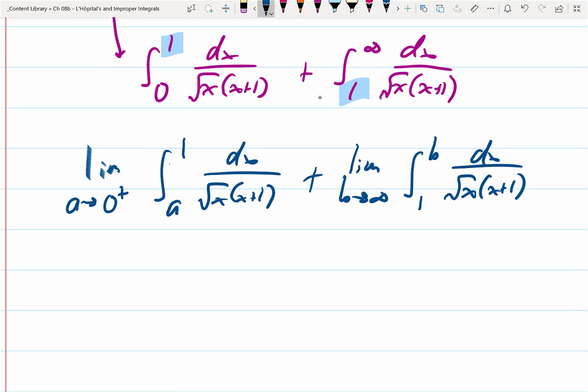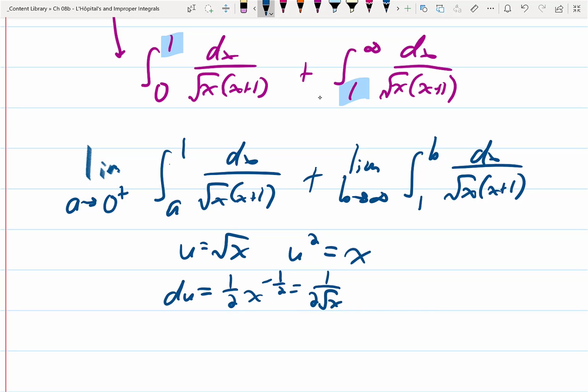I'll kind of start. Try u is equal to root x, which means that u squared is equal to x. When u is equal to root x, du is equal to 1/2 x to the negative 1/2, which is 1 over 2 root x dx, which means that dx is equal to 2 root x du.